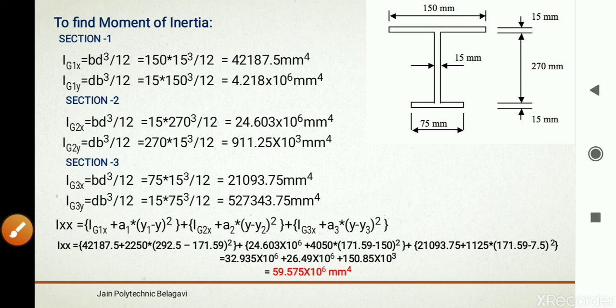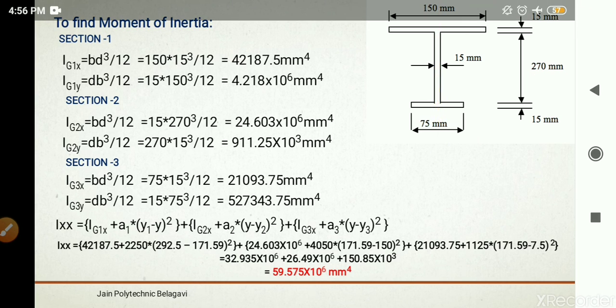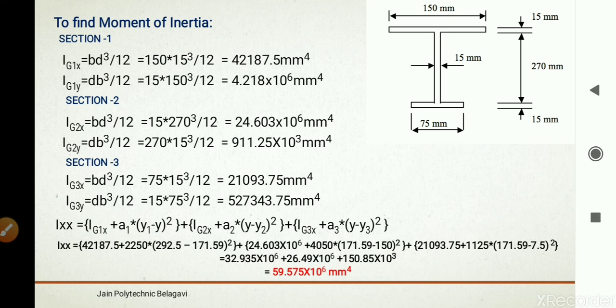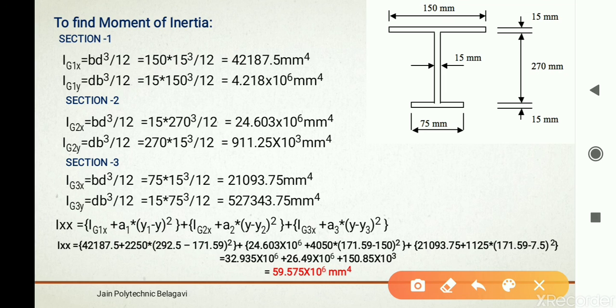Putting all these values, you are going to get the moment of inertia of the whole section about the x axis like this. If you want the moment of inertia of the whole section about the y axis, you have to put Ig1y, Ig2y, Ig3y, and the areas will remain the same, A1, A2, A3.